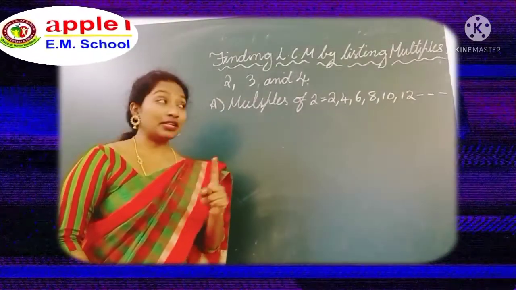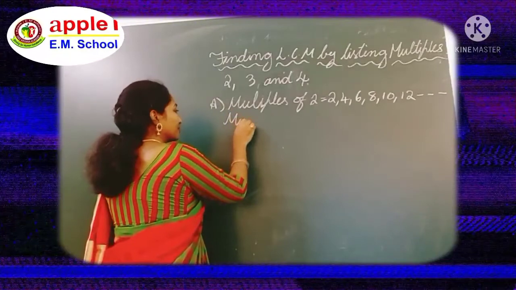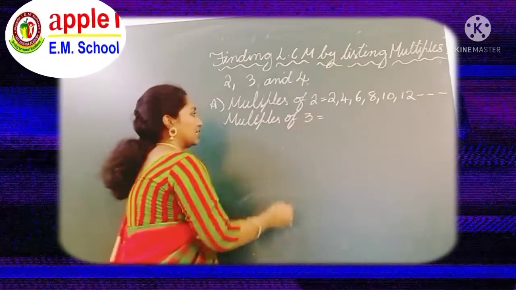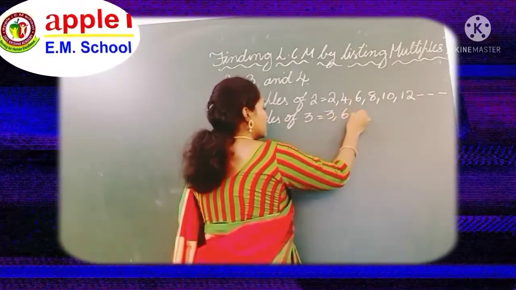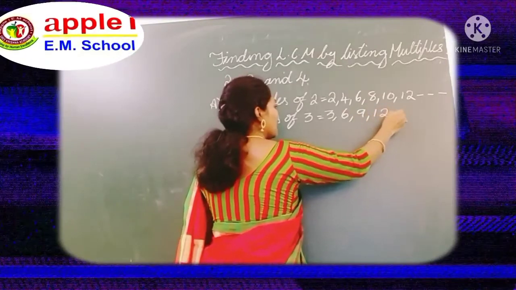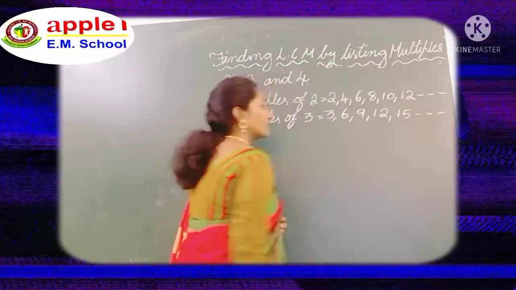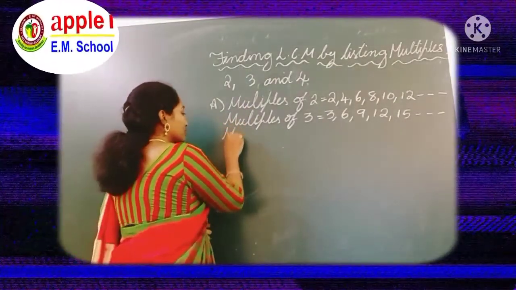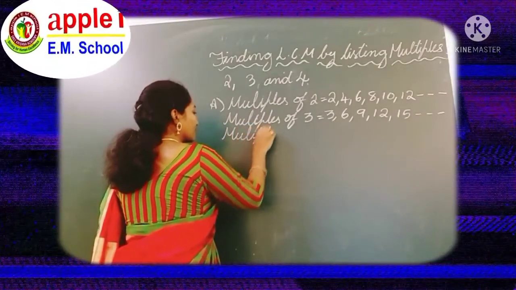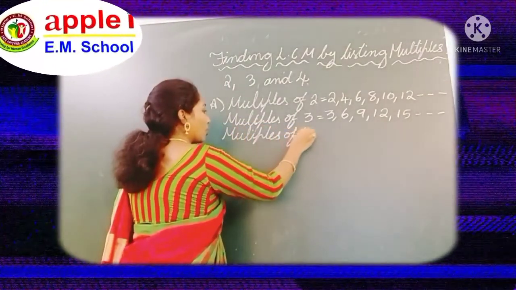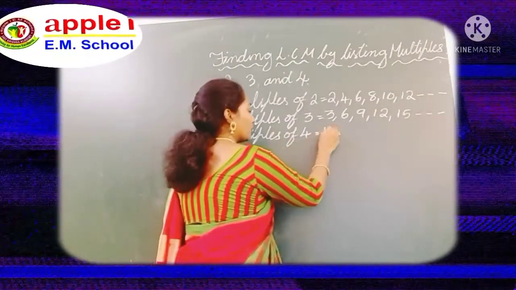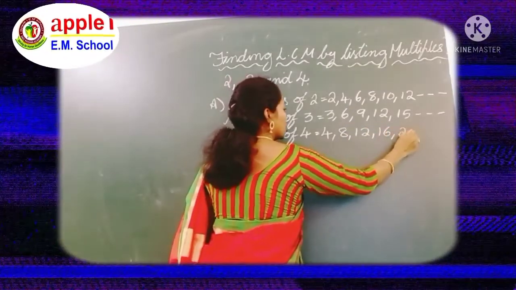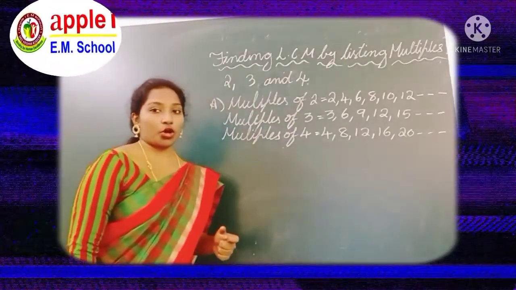Next, multiples of 3: 3, 6, 9, 12, 15 and so on. Next, write the multiples of 4: 4, 8, 12, 16, 20 and so on.